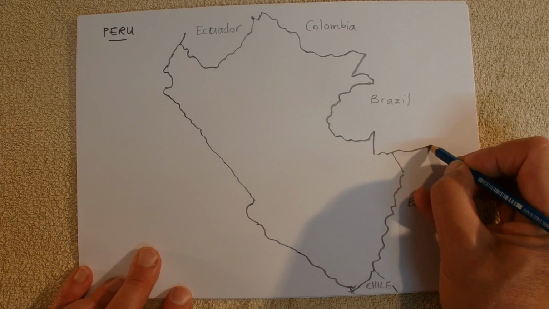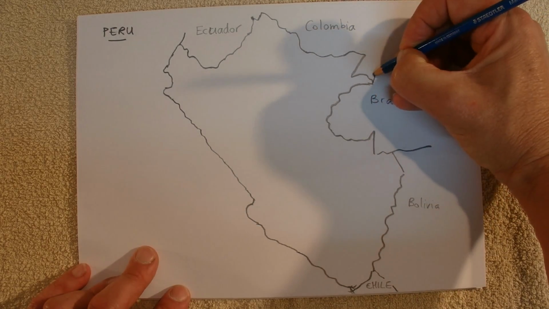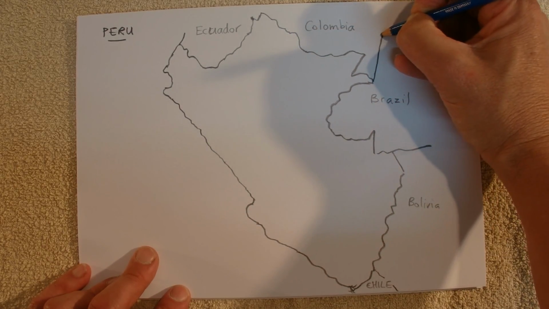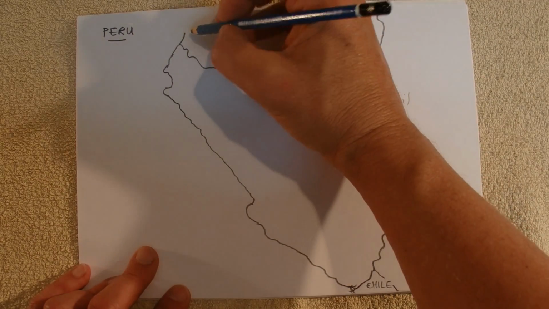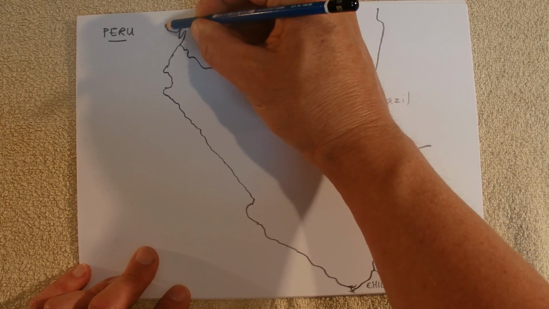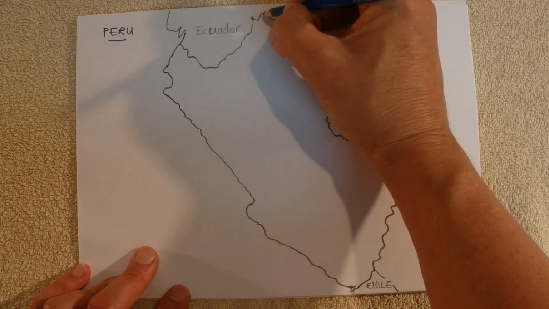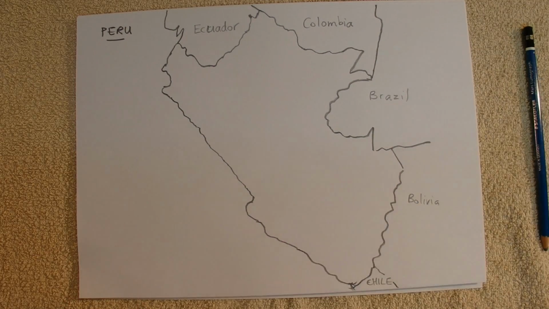Colombia and Brazil heads off in that direction, and then the border between Colombia and Brazil goes up in that direction, and Ecuador's up there a little bit like that, and there's the border heading up there in that direction.